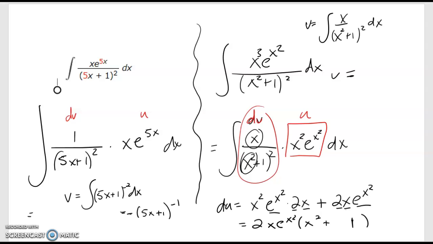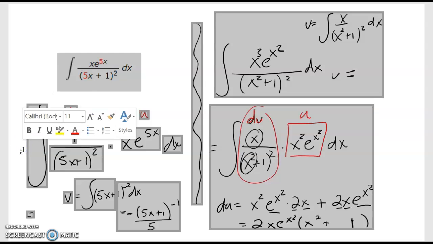Take 1 away, I'd get that. And then if I'm differentiating, I'd be multiplying by a factor of 5, so I'd have to divide by that. If I differentiate this thing, I should get this thing, right? Bring down the 1, you end up with a positive. Take 1 away, you end up with your negative 2. The derivative of 5x plus 1 is 5, so the 5's would cancel out. So that should work.